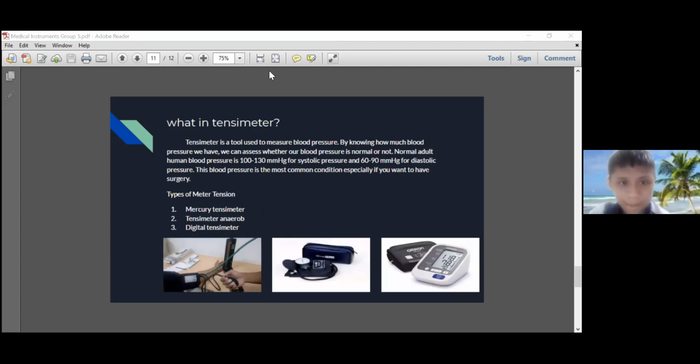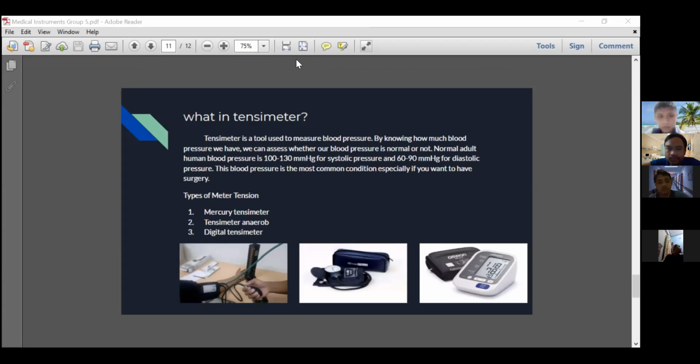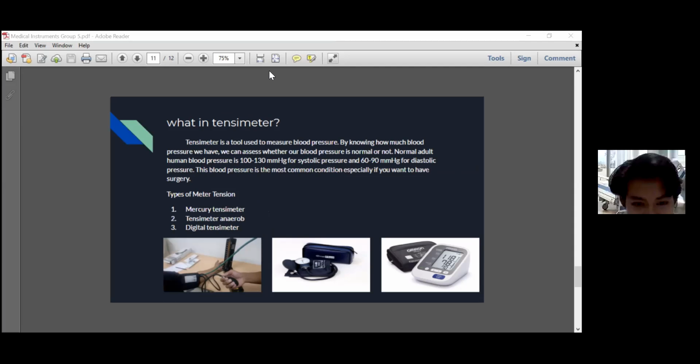What is a tensimeter? A tensimeter is a tool used to measure blood pressure. By knowing how much blood pressure we have, we can assess whether our blood pressure is normal or not. Normal adult human blood pressure is 100 to 130 mmHg for systolic pressure and 60 to 90 mmHg for diastolic pressure.